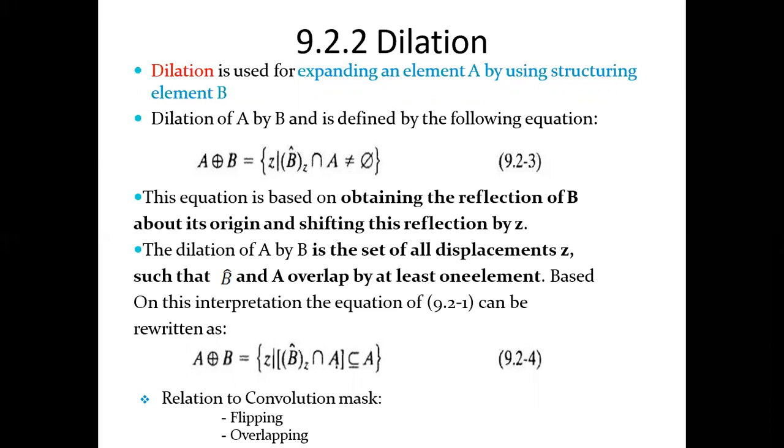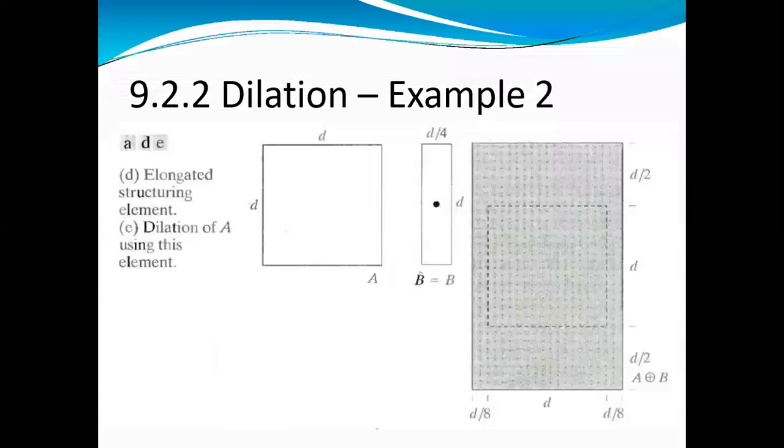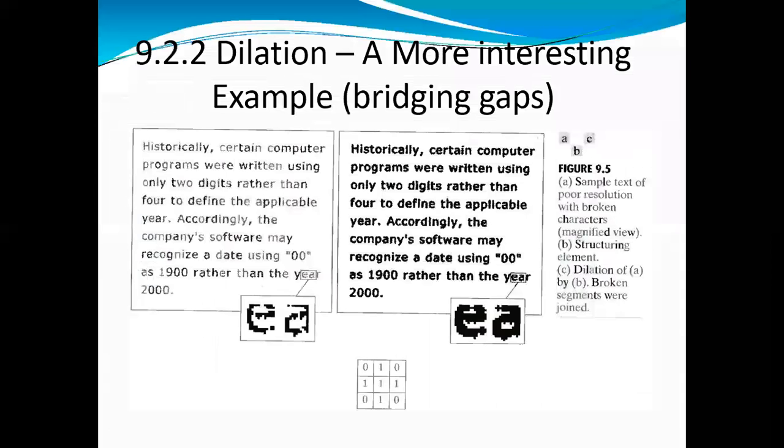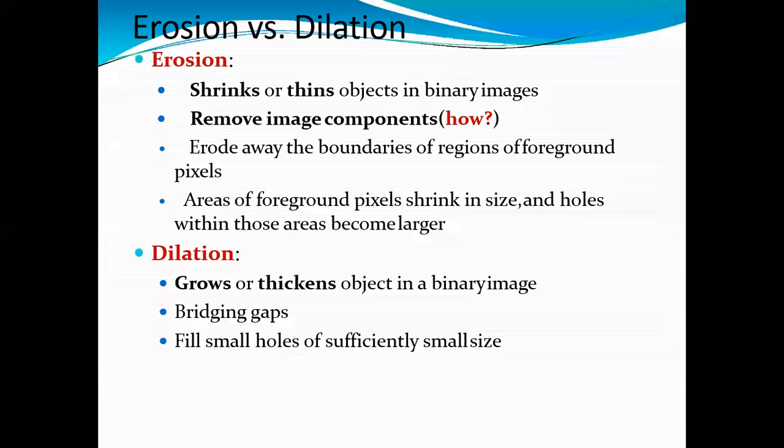Based on this interpretation, the equation can be written like this, in relation to a conventional mask, that is flipping and overlapping. This is the dilation example, and example 2. So this is erosion with dilation.